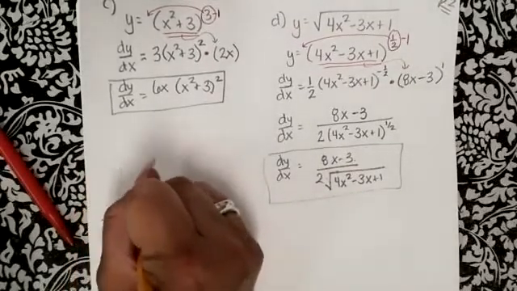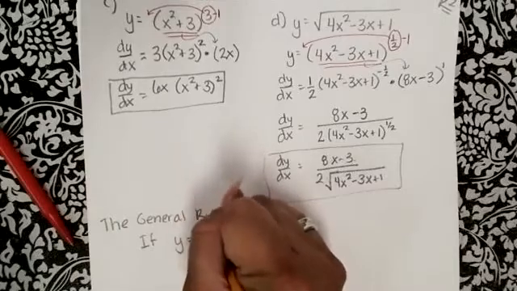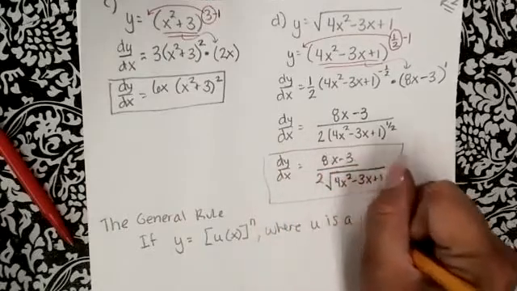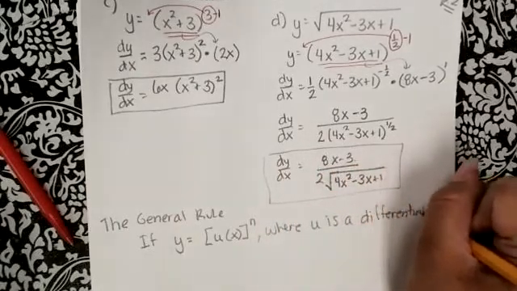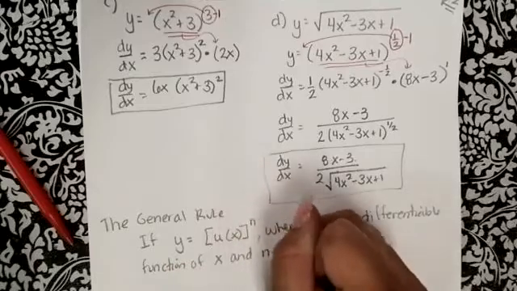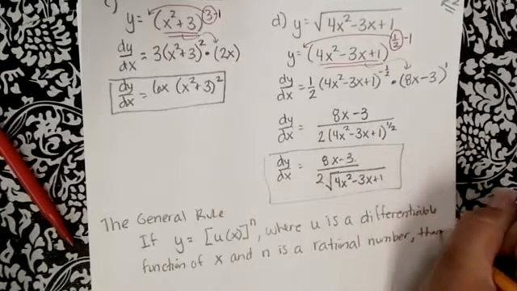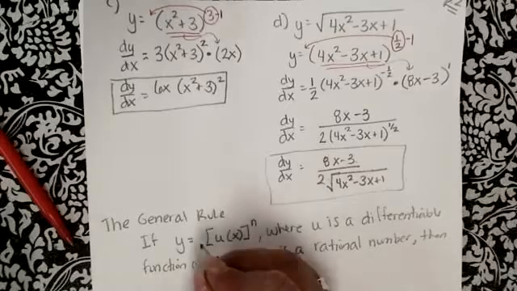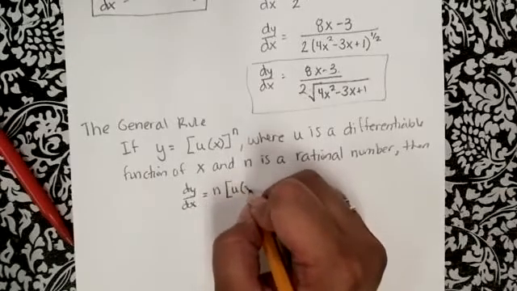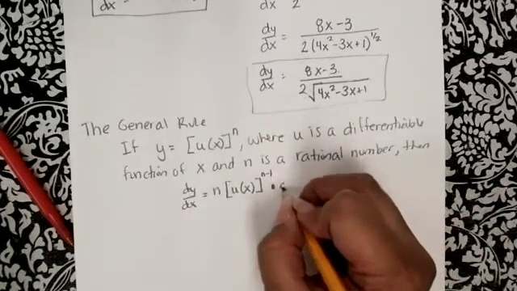So the general rule here is if y equals u of x raised to the n power, where u is a differentiable function of x and n is a rational number, then the derivative of y, you bring the power of n down, you keep the function inside the same, you're going to decrease the power, then you have to take the derivative inside, and the derivative of u is going to be du over dx.